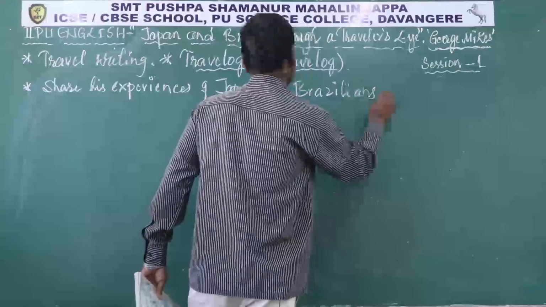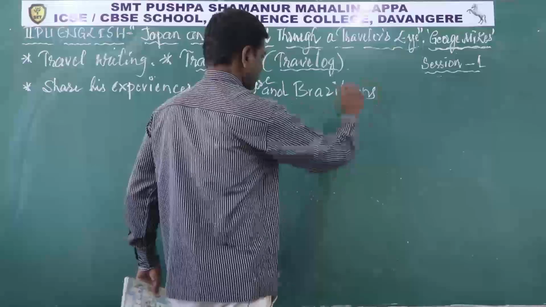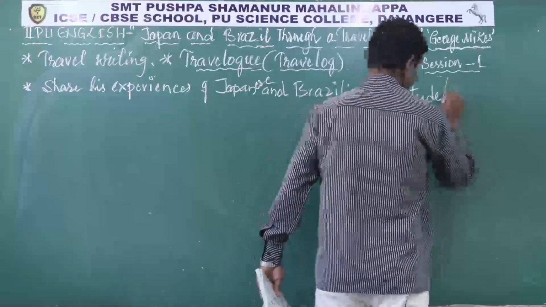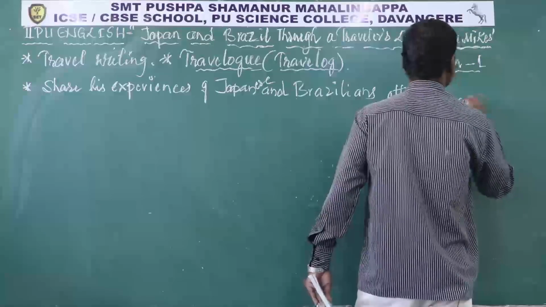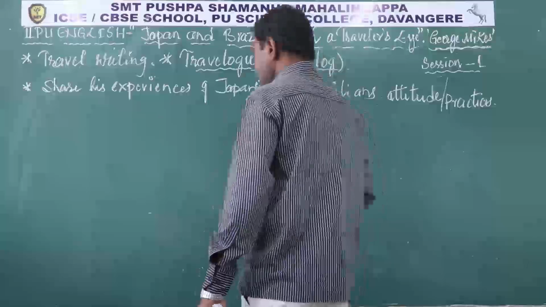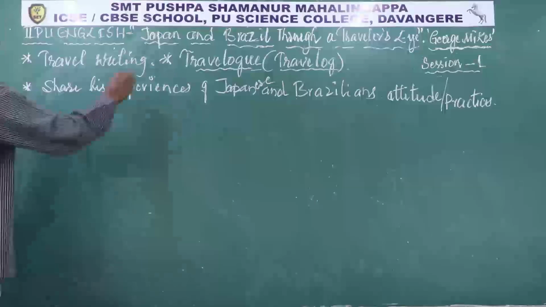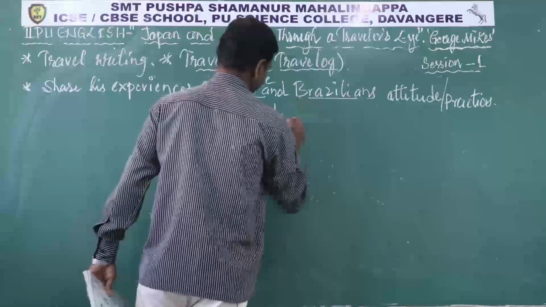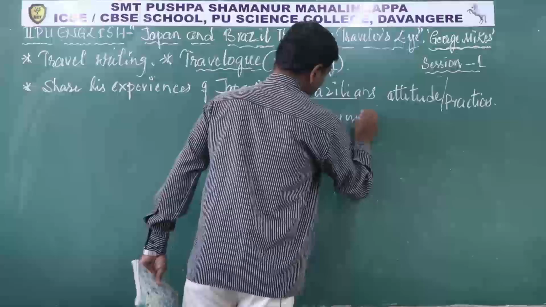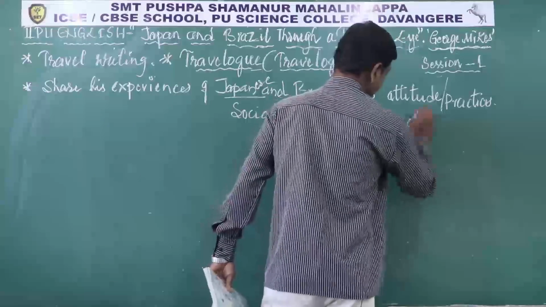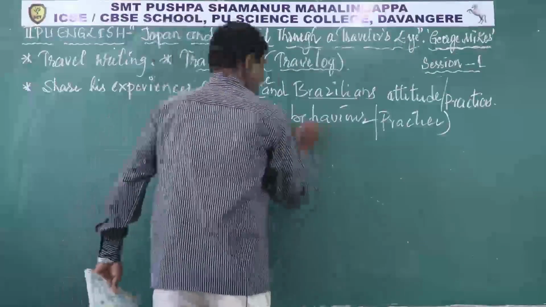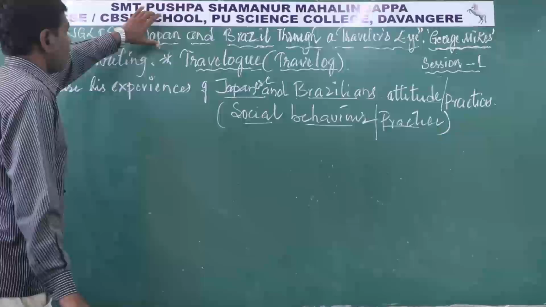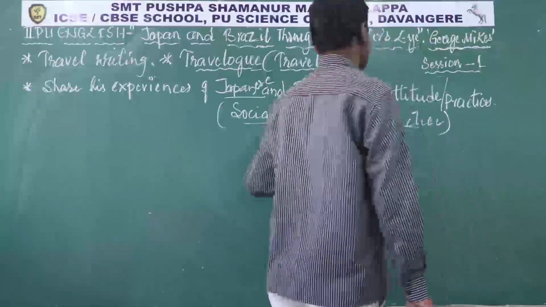Japanese and Brazilians: their attitude, practices, culture, tradition, some social behavior of Japanese and Brazilians. The social behavior or practice of these people was captured in this lesson, which is extracted or taken for our study here.